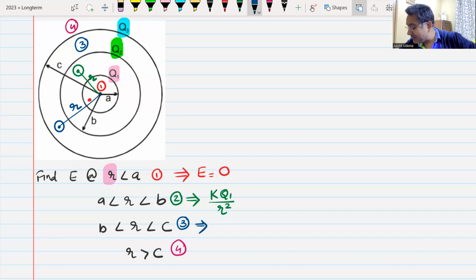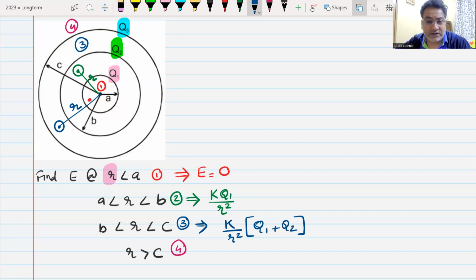So the final answer for this one will become K by r square multiplied by, since both the shells have positive charges, Q1 plus Q2. If one was having negative charge, it would have become Q1 minus Q2 or Q2 minus Q1, depending on which charge is more. Do we understand this?